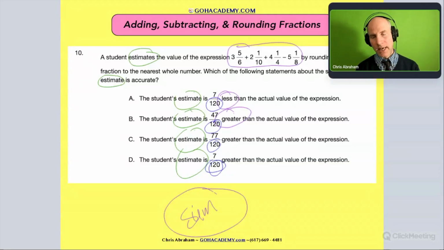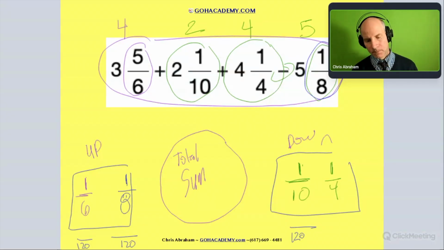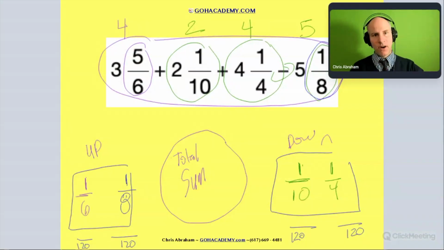So we're going to use that clue, go back to this one here, and represent these fractions with 120 in the denominator. All right. And this means we have to not only add and subtract fractions, we have to be able to find equivalent fractions, right?